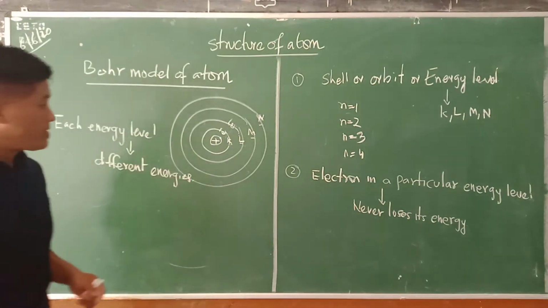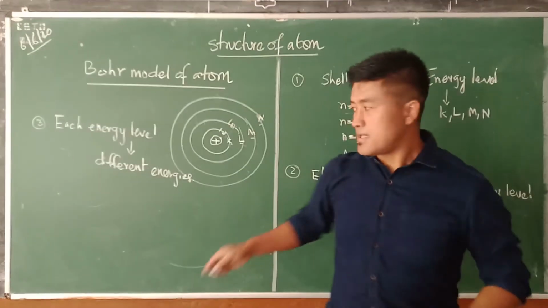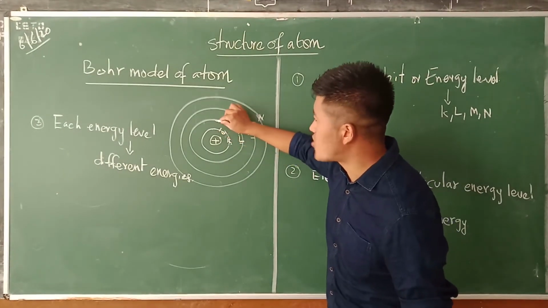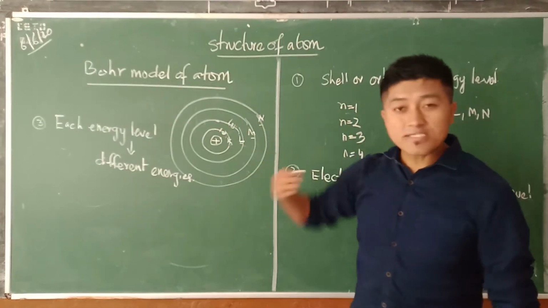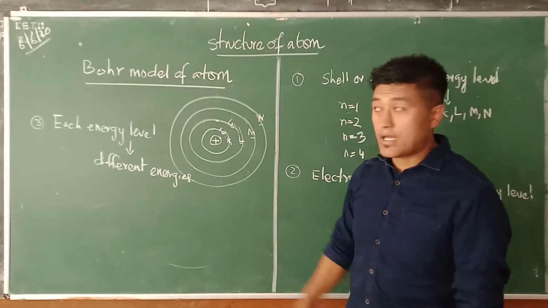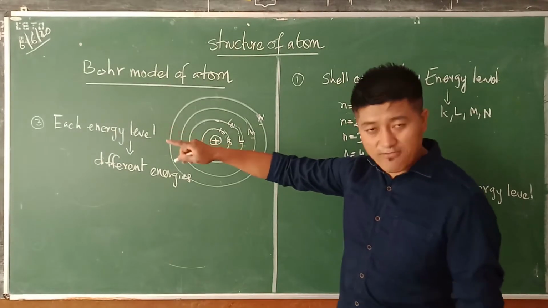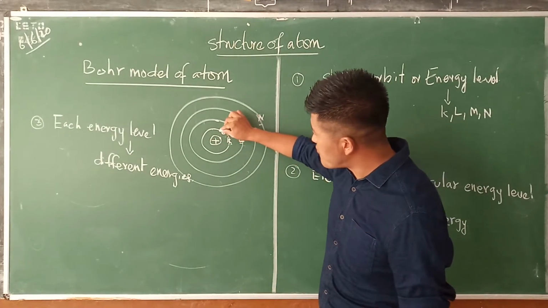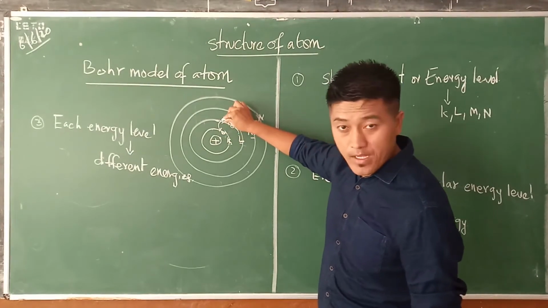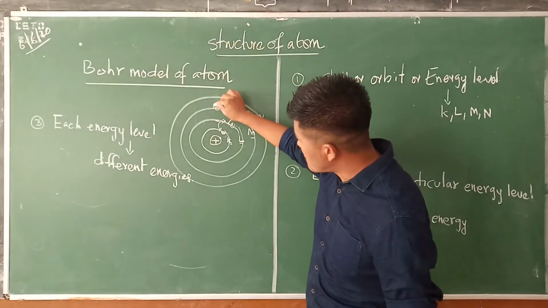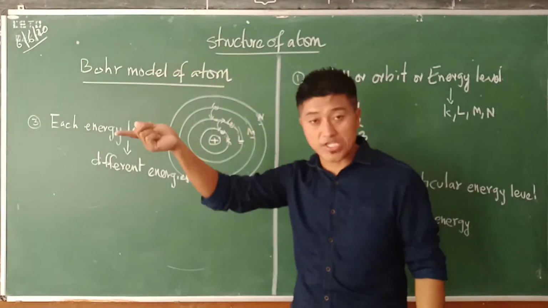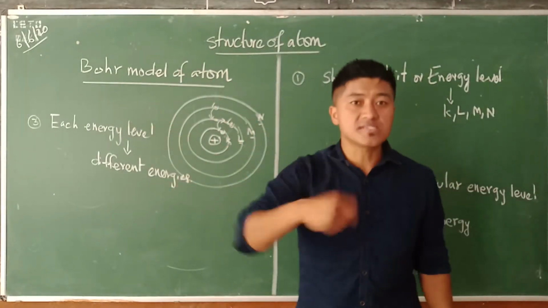Now, if the energy of this orbit and this orbit is different, then according to Niels Bohr, his fourth postulate is that if an electron jumps from this shell to that shell, from one shell to another shell, then there is an exchange of energy.